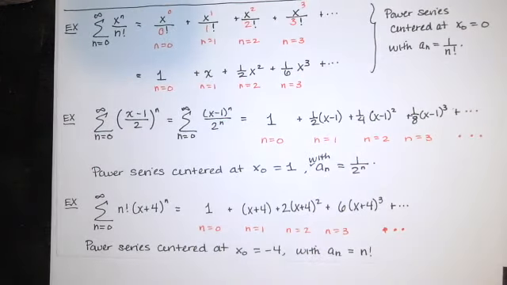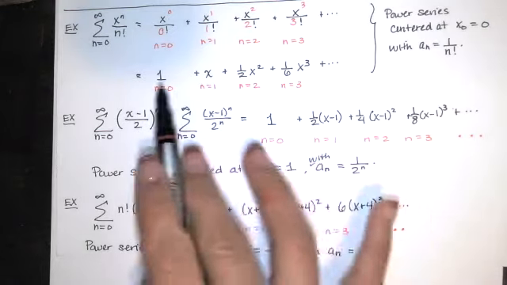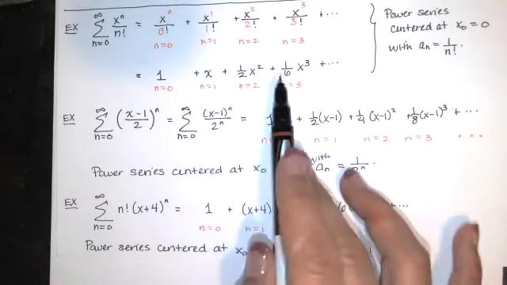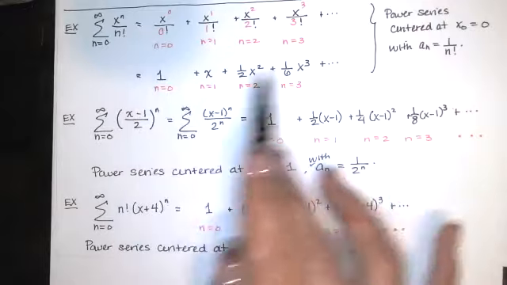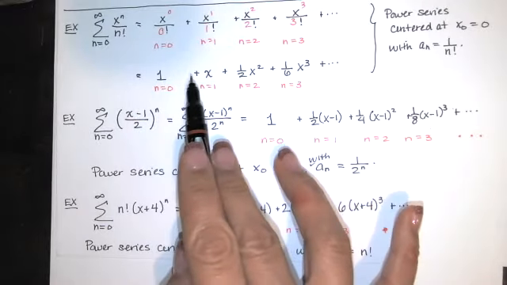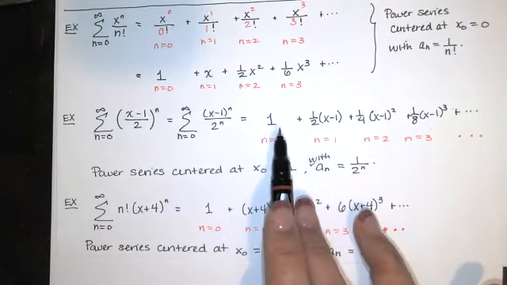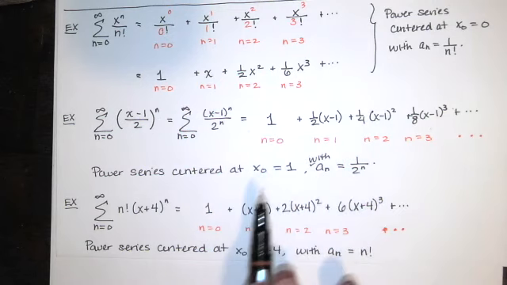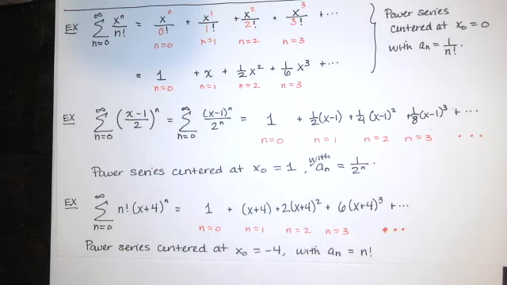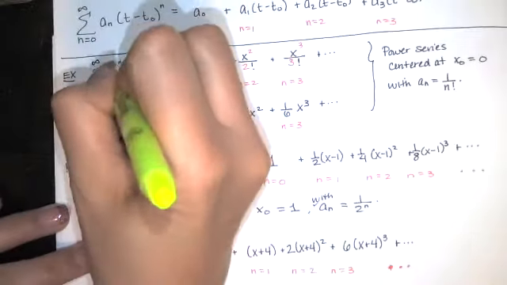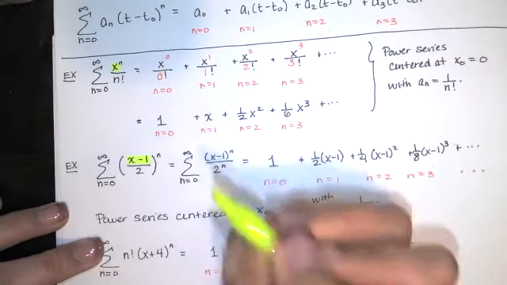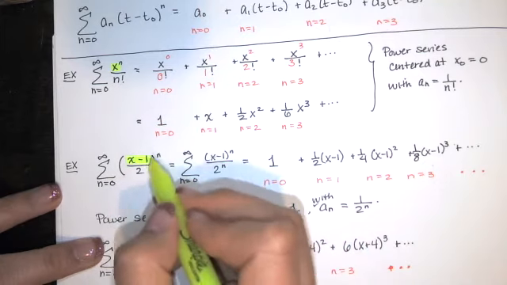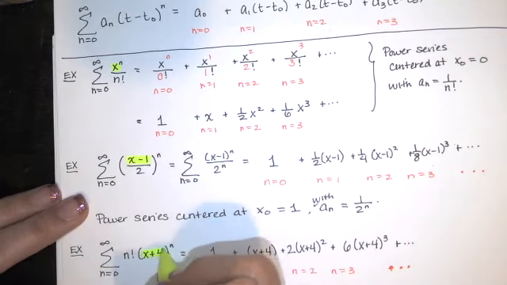So as you can see, these power series are just like polynomials, they're just infinitely long. The coefficients are functions of which term you're on. I've got coefficients of 1, 1, 1/2, 1/6. Coefficients here of 1, 1/2, 1/4, 1/8. Here, 1, 1, 2, 6, and so on. And the center, again, is defined by the x value that will cause that x plus or minus a constant raised to the n to equal 0.